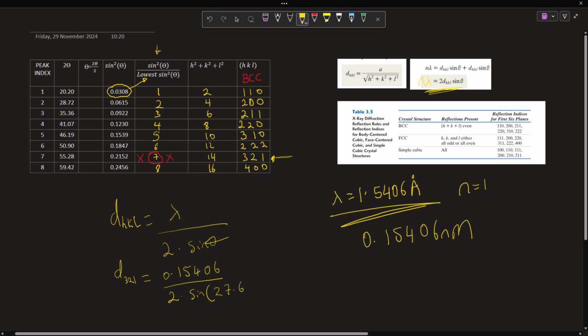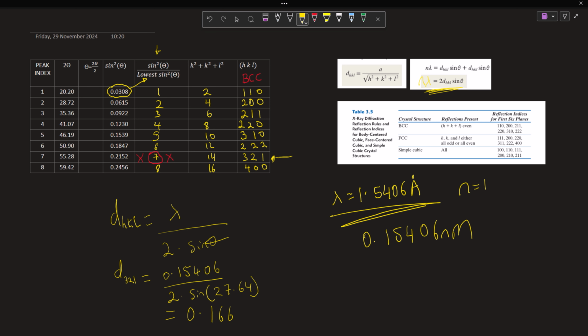When I punch that into my calculator, 0.15406 over 2 times sine of 27.64, my D interplanar spacing is 0.1660 nanometer, which if I convert to Armstrong is 1.66 Armstrong. So we just found our D.